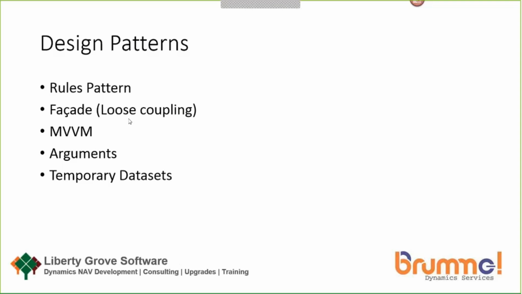Using temporary data sets allows me to structure my code, and everything that you do with temporary data happens in memory on the service tier, and it just processes 1,000 times faster than anything you can do on the database.